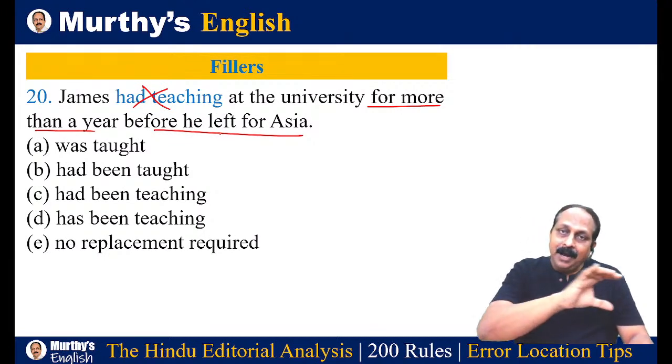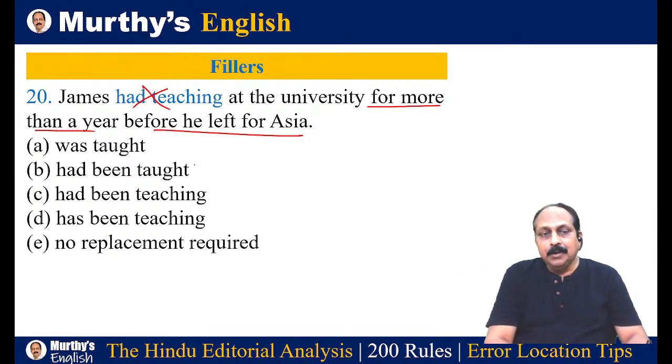Before that, something had been going on for some time. That means we have to use past perfect continuous, not present perfect continuous. Was taught, not correct. Had been taught, not correct. Had been teaching. Because for more than a year time period, you have to use past perfect continuous.